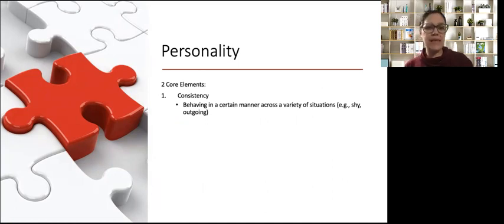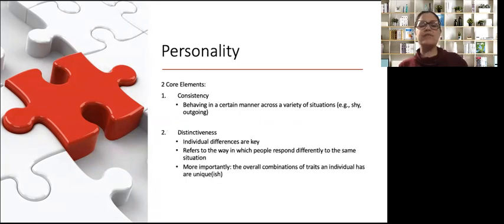This is basically saying that you're going to engage in very similar behaviors no matter what situation you're in. Okay, so that's consistency versus distinctiveness, which refers to the way in which people respond differently than others when they're all presented with the same situation. So, how you behave differently from other people, but when you're all in the same situation. And the area of psychology, of course, personality is the study of individual differences.